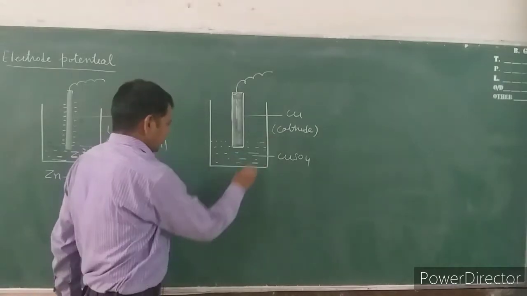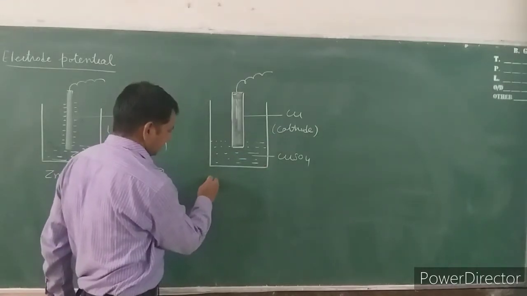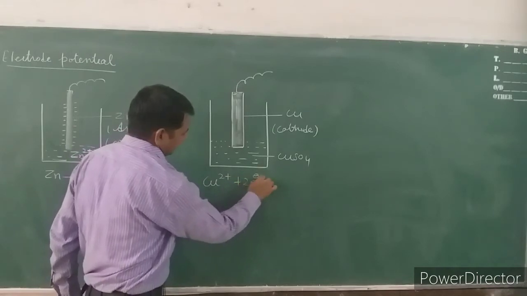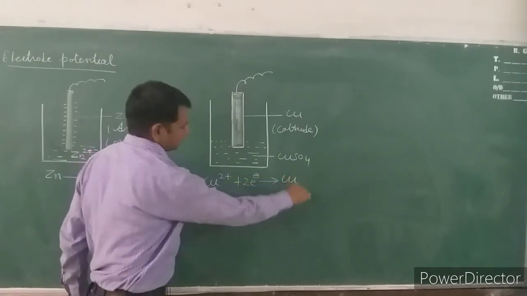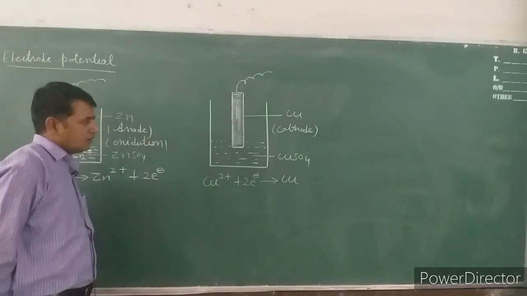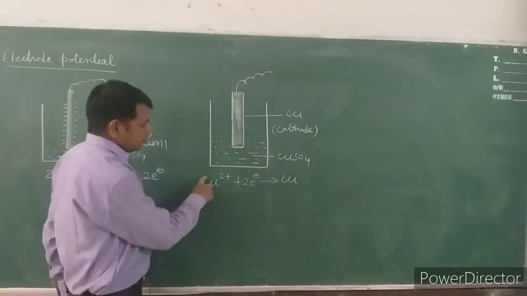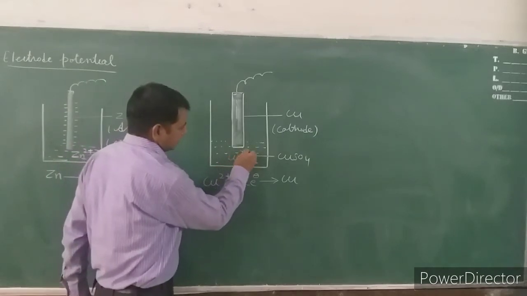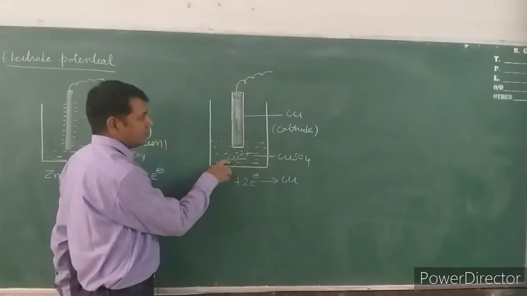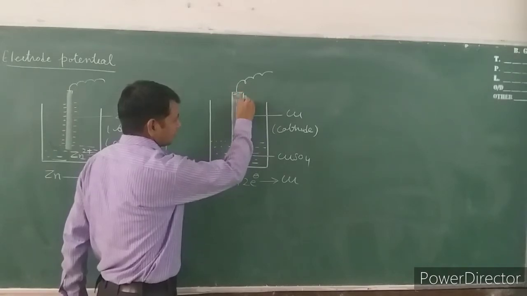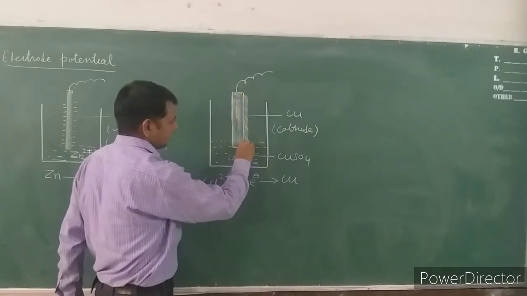Again, at the cathode reduction proceeds, and in the reduction the Cu2+ ion gains 2 electrons and converts into a Cu atom. The Cu2+ ion from the solution gets electrons and is deposited as a solid on the metal surface.